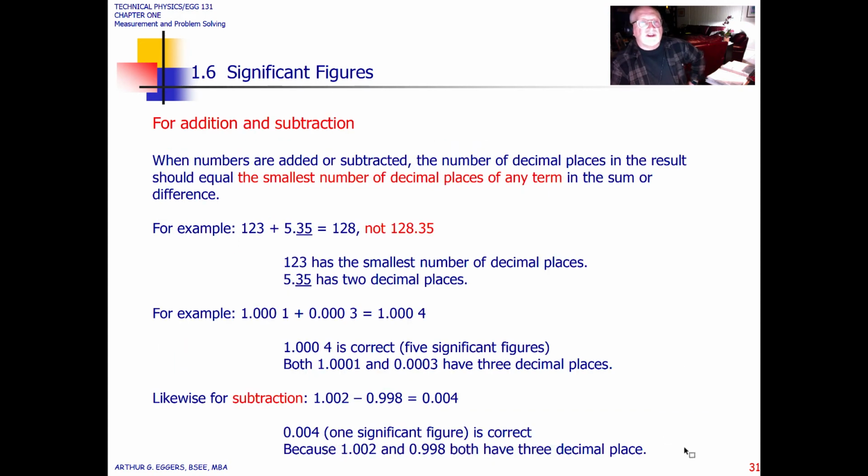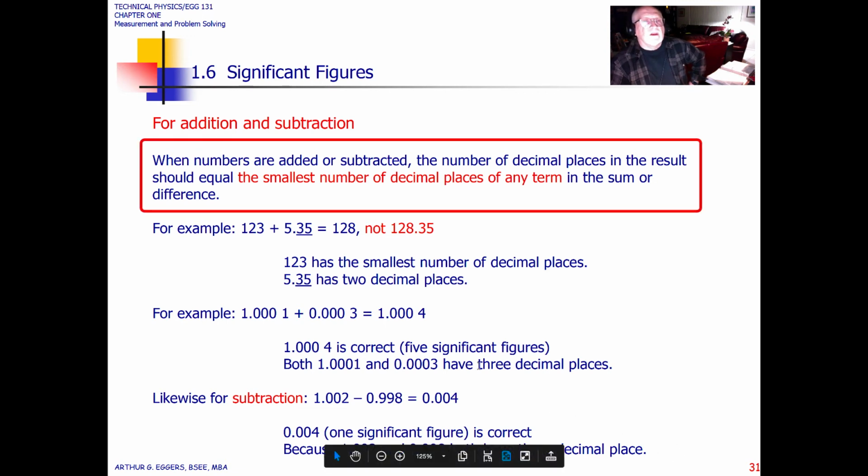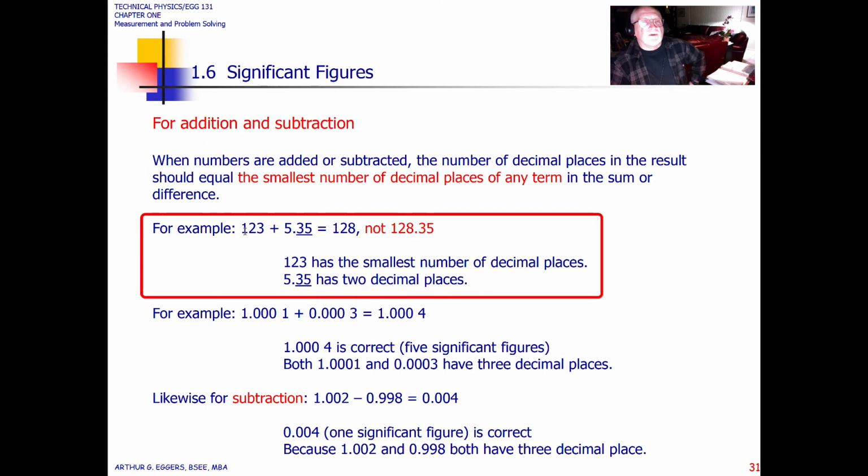Now, the rules for addition and subtraction are a little different. When numbers are added or subtracted, the number of decimal places in the result should equal the smallest number of decimal places of any term in the sum or the difference. So as an example, I have 123, 3 significant digits. I'm going to add 5.35 to that value, and I will get 128, not 128.35.